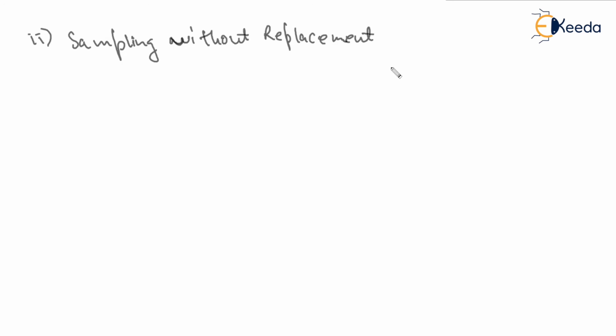And secondly, the second case is when we are doing sampling without replacement. Initially there were 7 red and 3 blue balls.